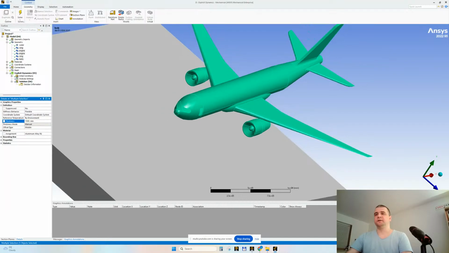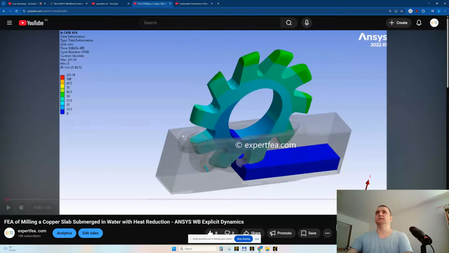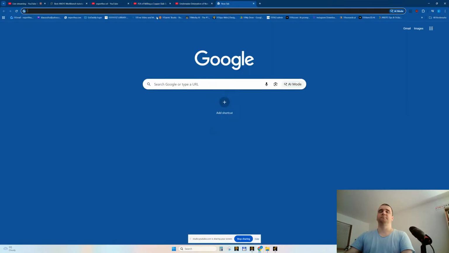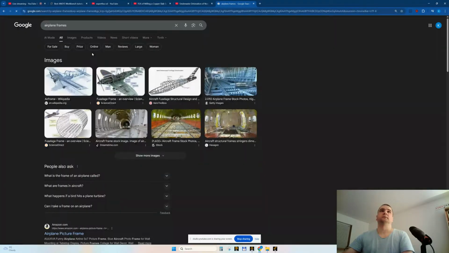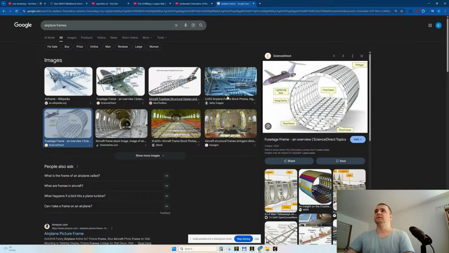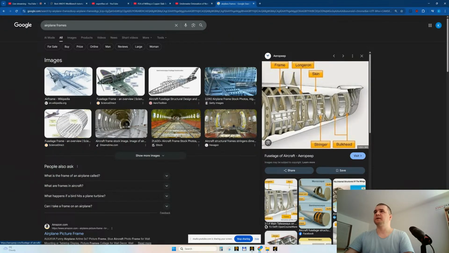Even though in reality the body of an airplane is made of frames, it's not solid, it's made out of sheet metal on frames.